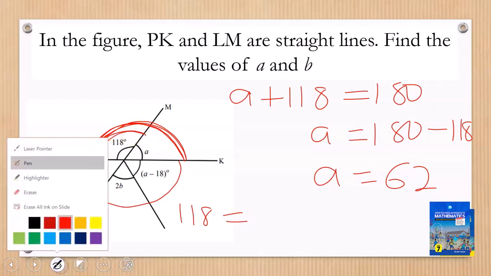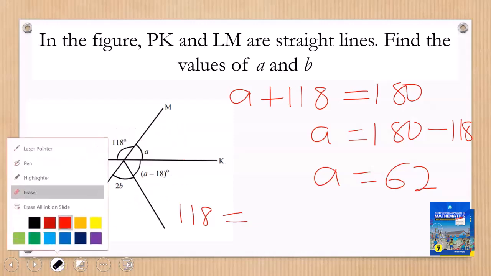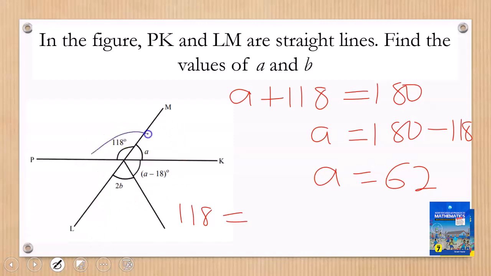Let me clean this part for you to see it clearly. This angle 118 and the whole of this together, they are vertically opposite. So 118 is equal to 2b plus A minus 18. Good.